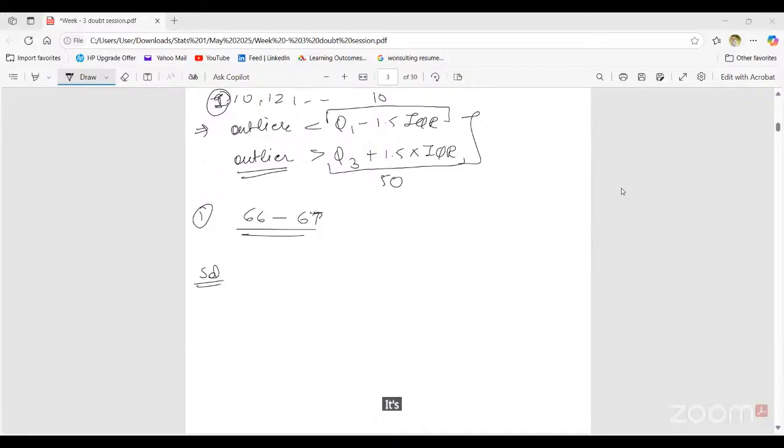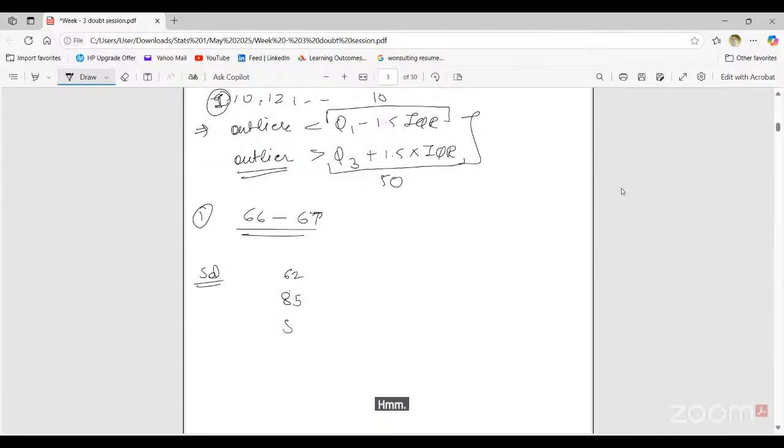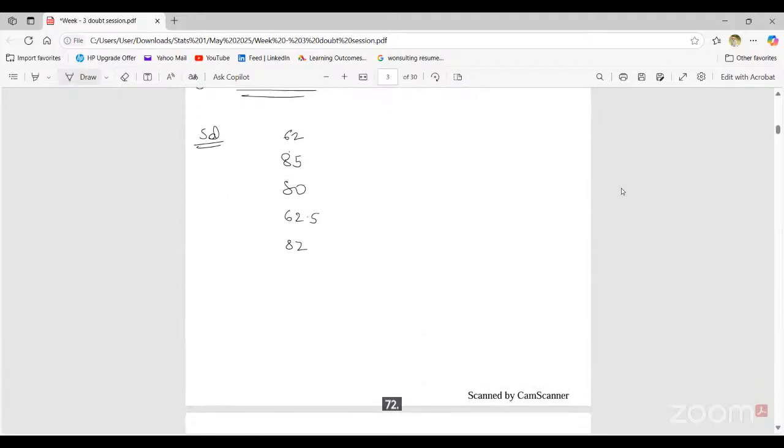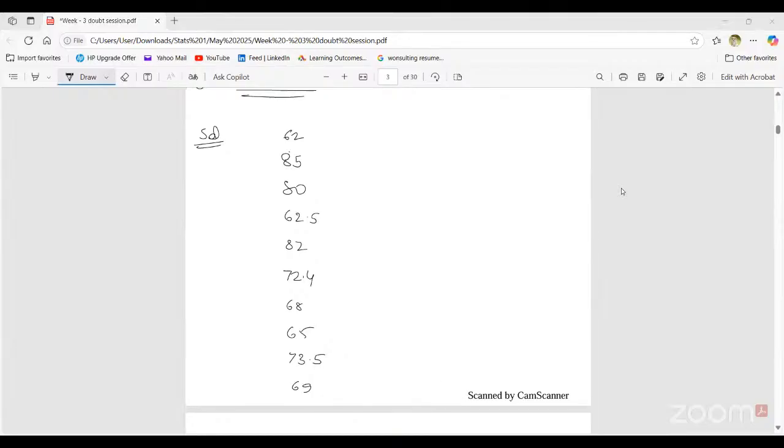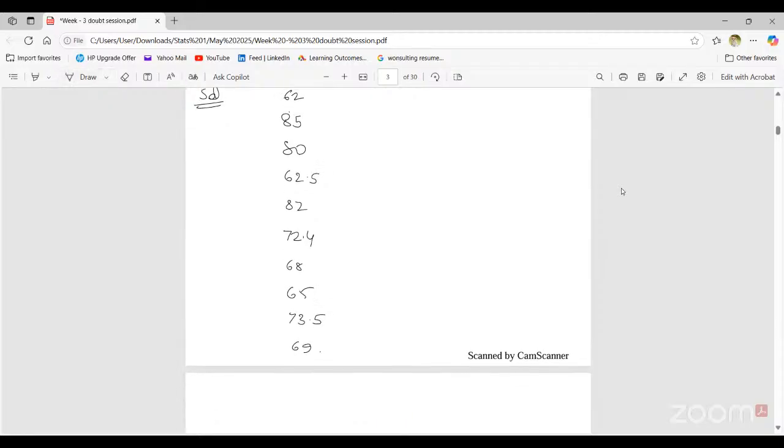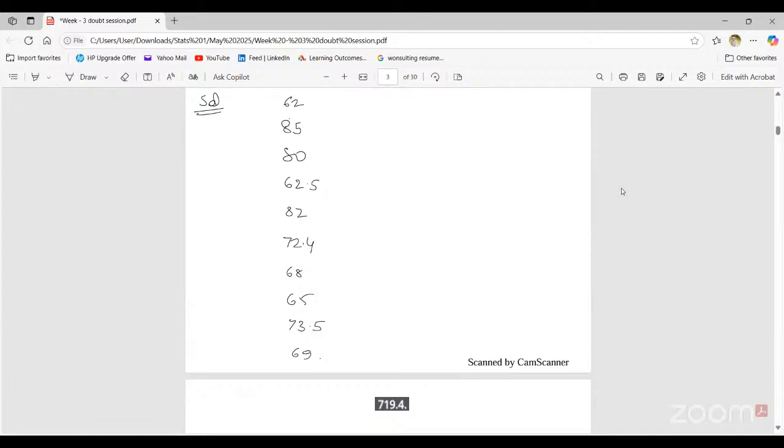It's 62, 85, 80, 62.5, 82, 72.4, 68, and 65, 73.5, and 69. Okay, ma'am, and after adding all of this the total comes to 719.4. Just 62.